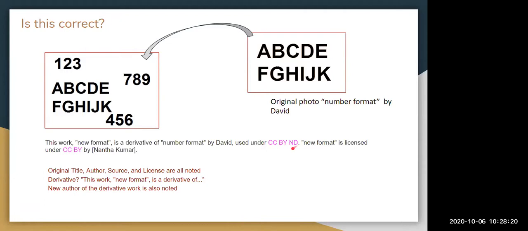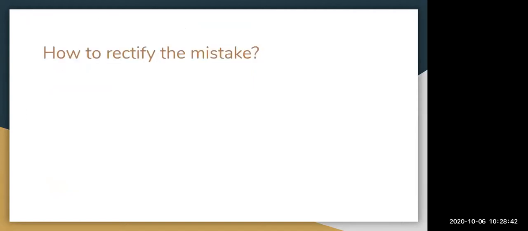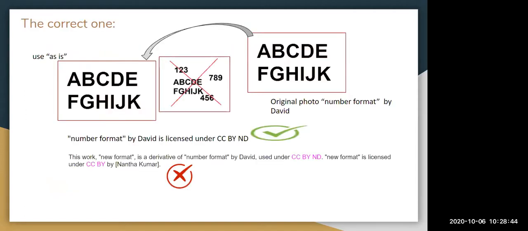ND means no derivative. It means others, when they use this original content, can't tweak it. In this case, I have tweaked the content, so this is wrong. Once you see ND, no derivative, tagged to a particular OER, you have to use it as is.